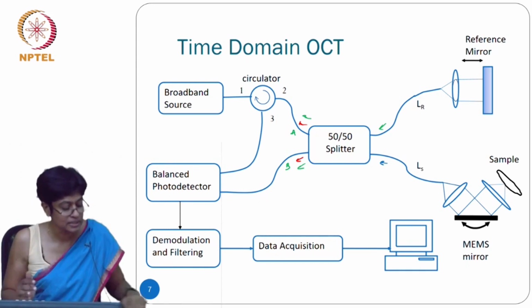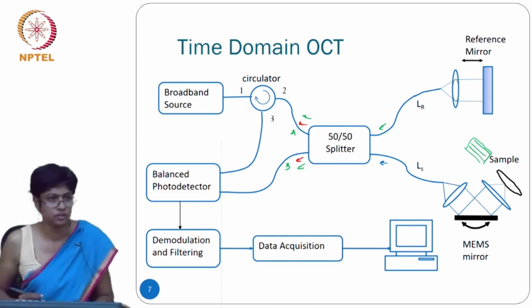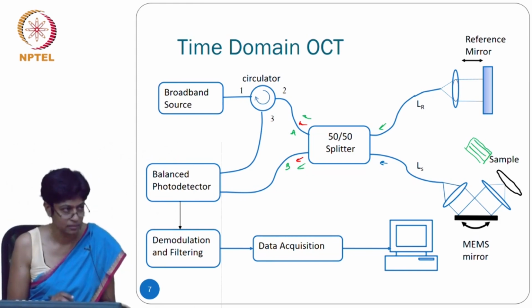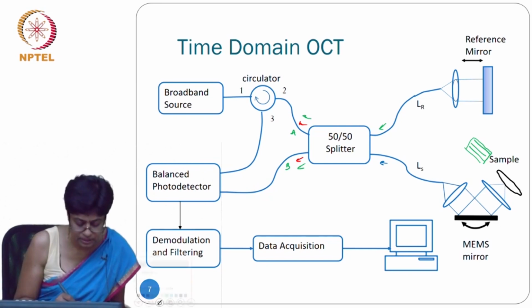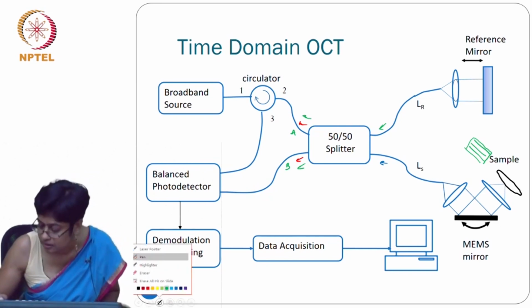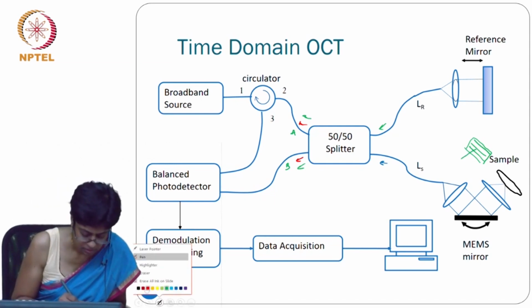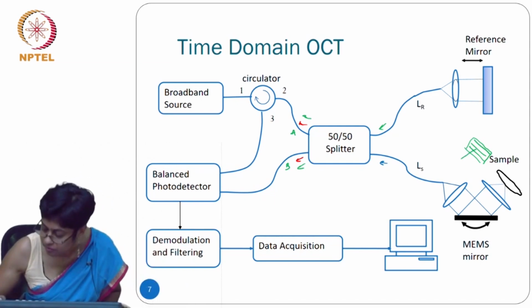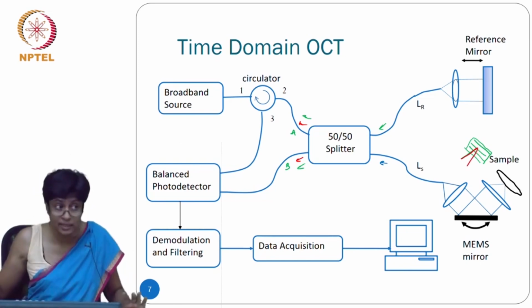Let's say, just to make it easy, the sample consists of layers like this. I have set this up such that I get reflection from this layer. The light is reflecting from all the layers.